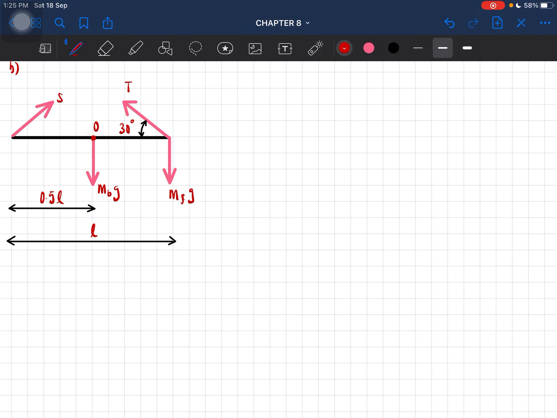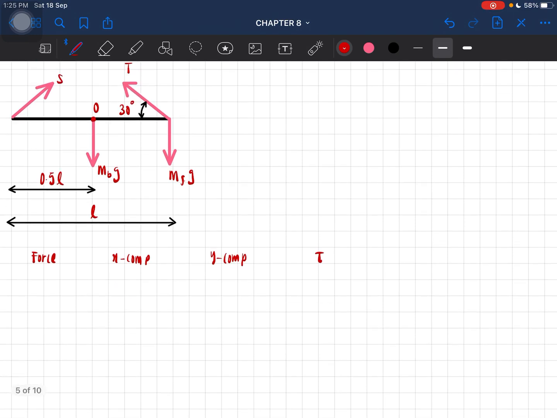Right, so this time I'm going to use a table. So this is the force, then we have the X component, then the Y component, and then this one is for torque. Right, the first force is the weight of the floodlight.